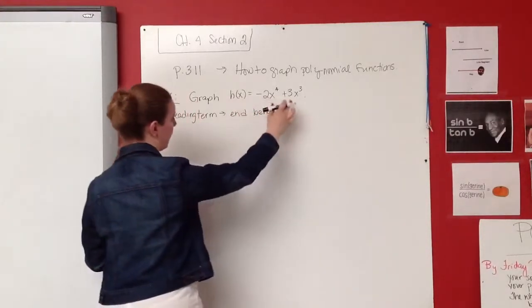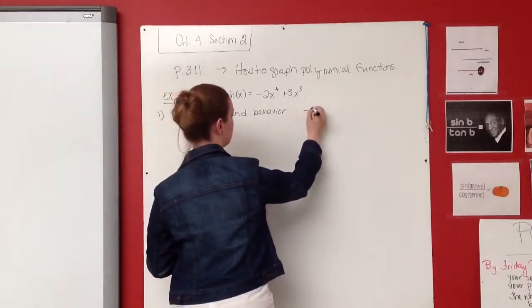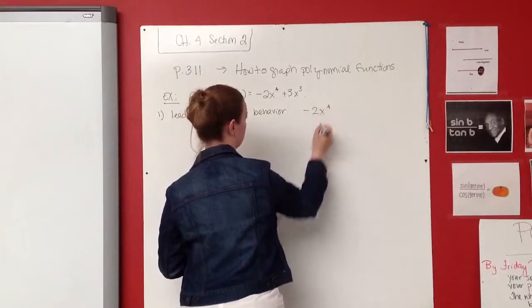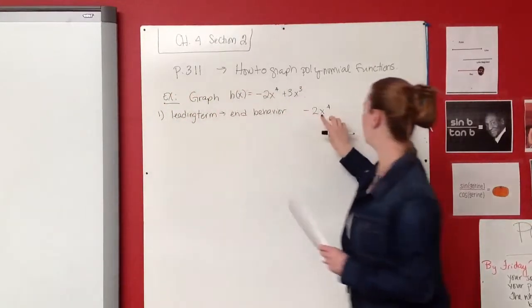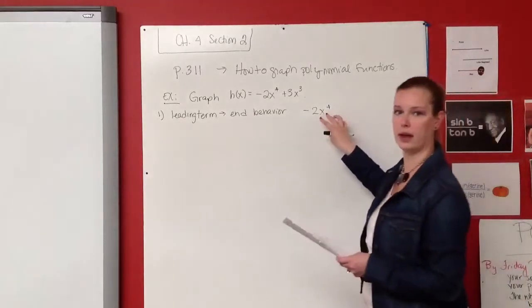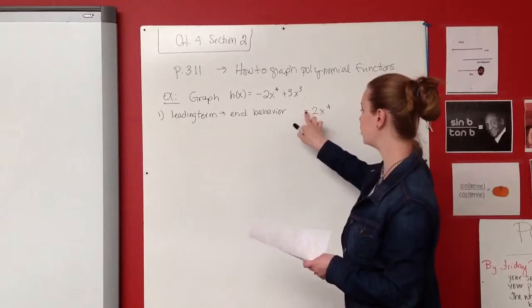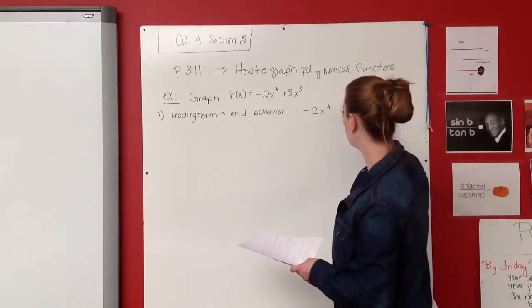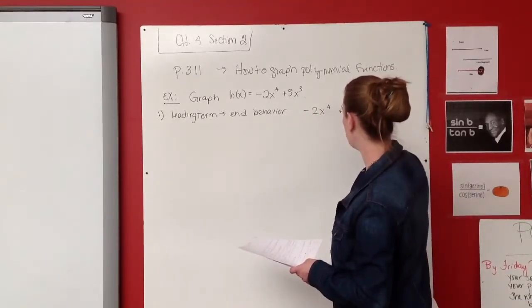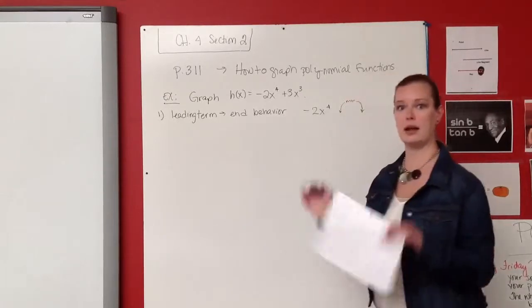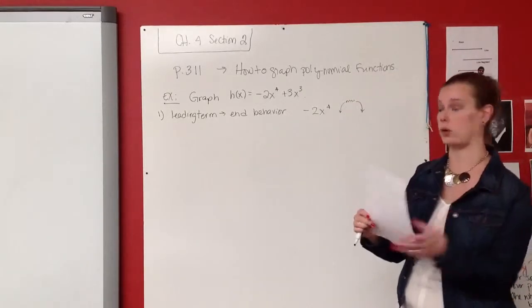So if we look at this polynomial, our leading term is negative 2x to the fourth. First of all, we have x to the fourth, and that is a parabolic curve. And since our leading coefficient is negative, you know that it's going to be some sort of upside down parabolic curve, at least at the endpoints.